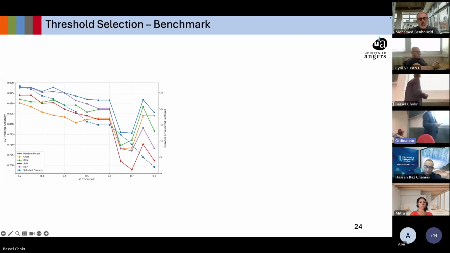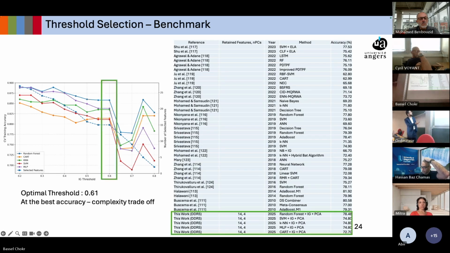Using DDRS and getting the cross-validation training accuracy with the different classifiers that we're testing, such as random forest, KNN and CART, we see here that we have an optimal location at 0.61, where we have the best trade-off between complexity and performance.